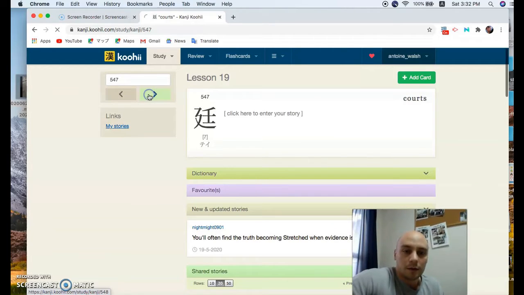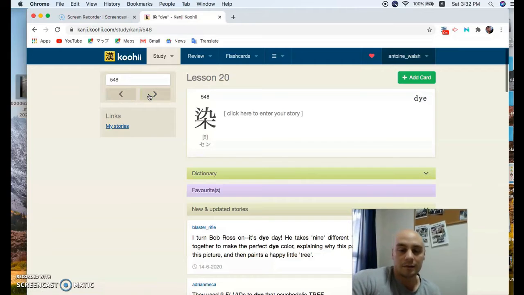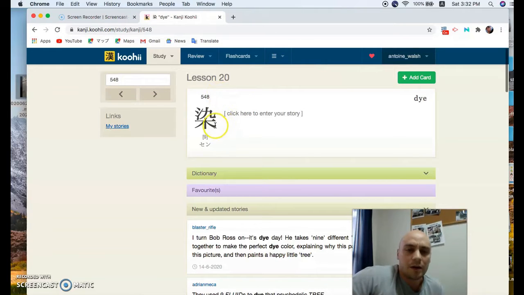So if you take a look at say this one here. Kanji or Chinese characters are made up of other characters within themselves, and also what are called radicals.